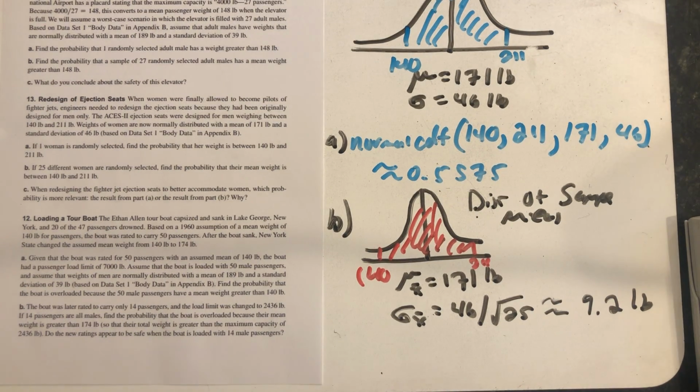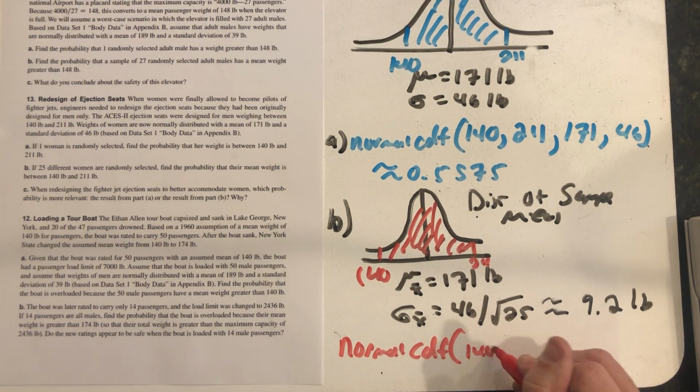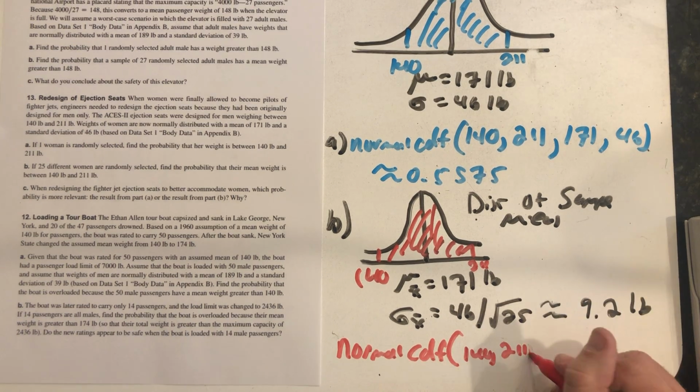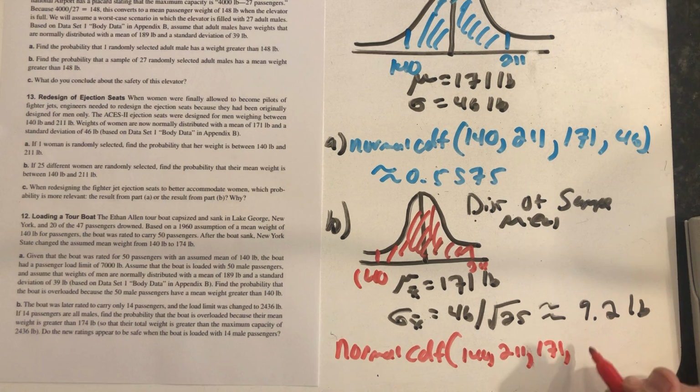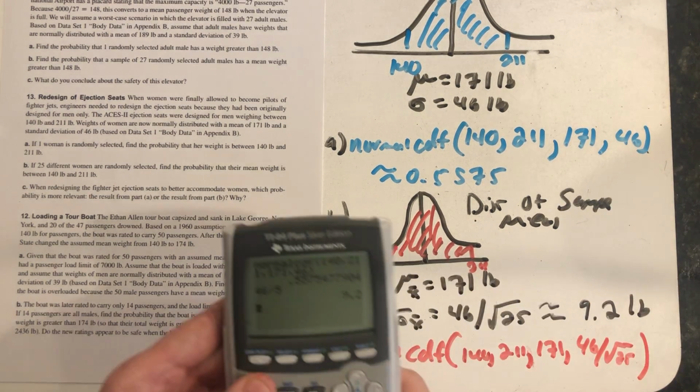All right, so I need to use normal CDF in my calculator again. So 140 to 211. The mean and a standard deviation. So 46 divided by the square root of 25, and I could just type in a 46 divided by 5, but your calculator is capable of doing all of the heavy lifting there. So let's see.